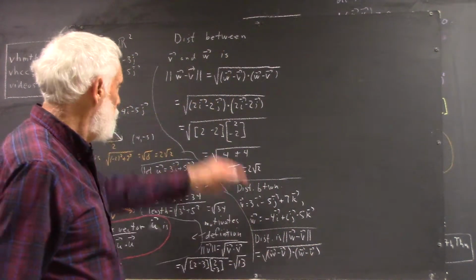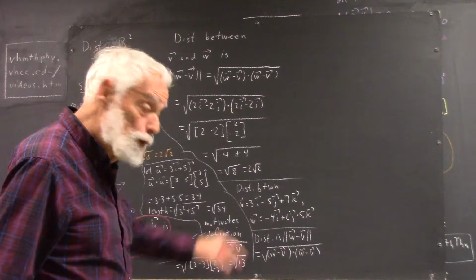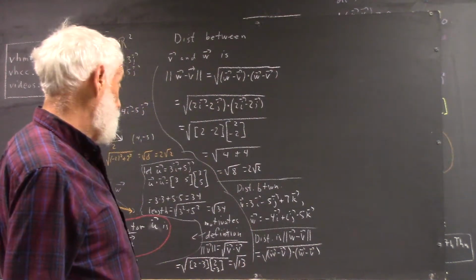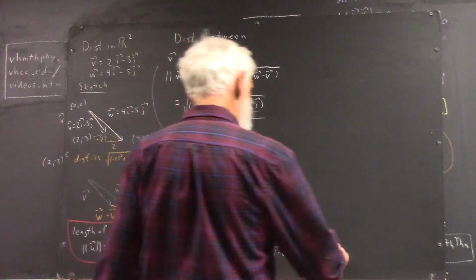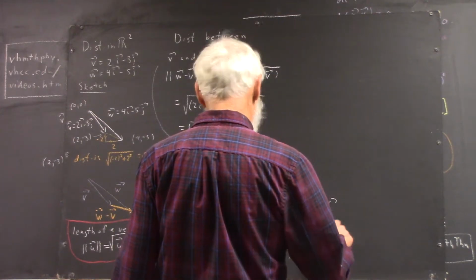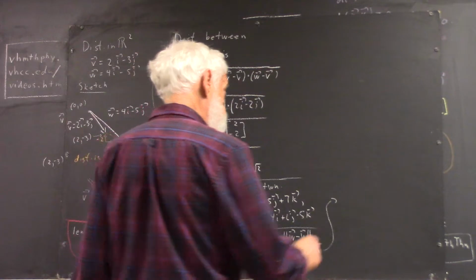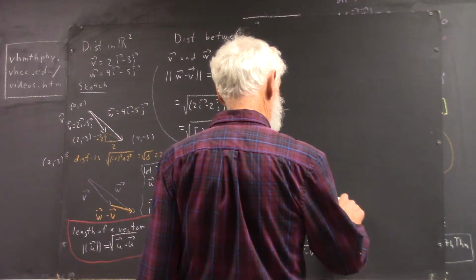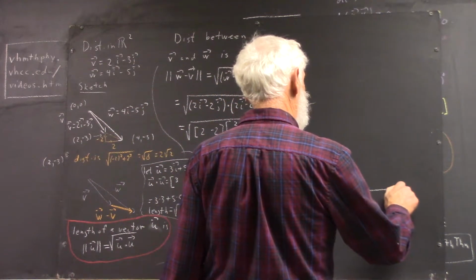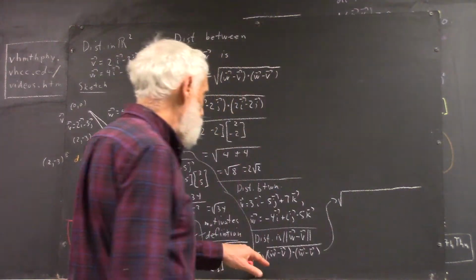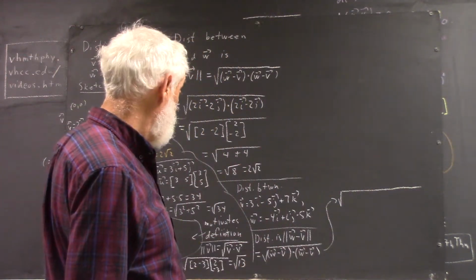Now, w and v aren't the same as they were up here. We have new vectors. And the thing that's different about this, and it's not a big difference, it's an easy difference to deal with, it's going to be square root of what? Well, what's your w minus v vector?